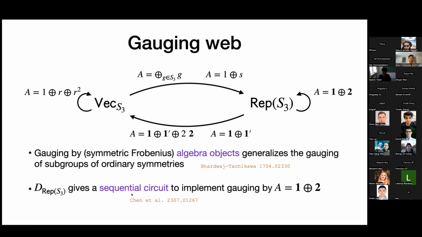So that's my guess for the general case, but I'm not 100% sure about it. I guess that only makes sense if you come back to the same symmetry, right? If you go between different ones, there shouldn't be a sequential circuit. Right. This is for self-gaugings, exactly. For the other ones, I'm not sure.